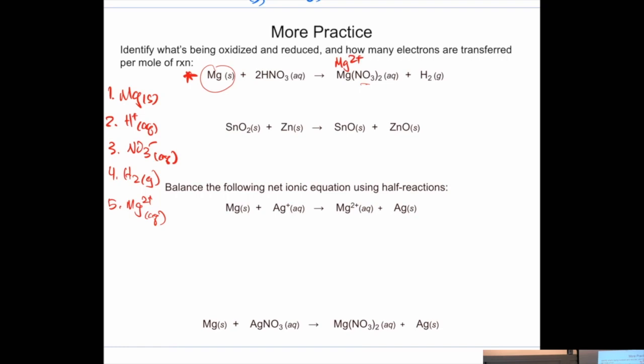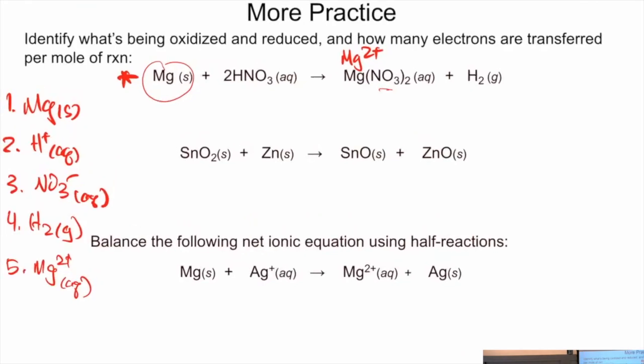The hydrogen's being reduced. The nitrate ions are 1-, which means here hydrogen plus, and here hydrogen as a gas, that's neutral. So all the hydrogens are neutral. How many moles of electrons are transferred?